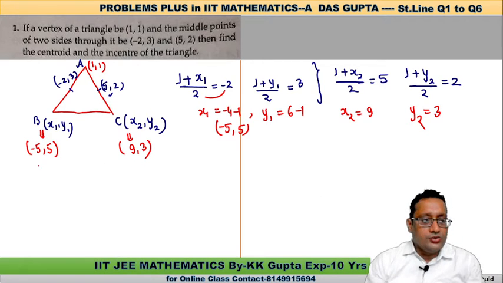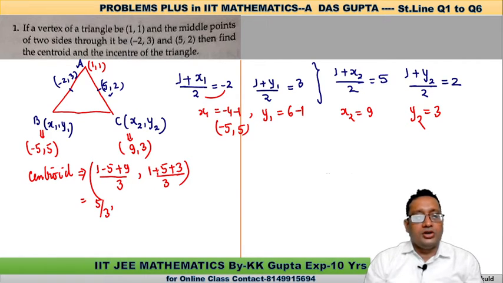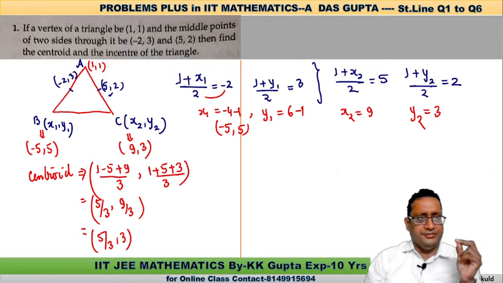The centroid coordinate will be the sum of the x coordinates divided by 3, that means (1 minus 5 plus 9) divided by 3, and the y coordinate will be (1 plus 5 plus 3) divided by 3. So this becomes 5 by 3, and this becomes 9 by 3. So the centroid comes to be (5/3, 3). This is the centroid of the triangle ABC.